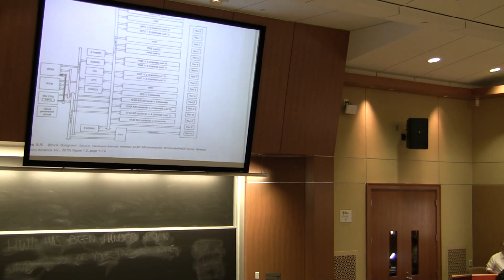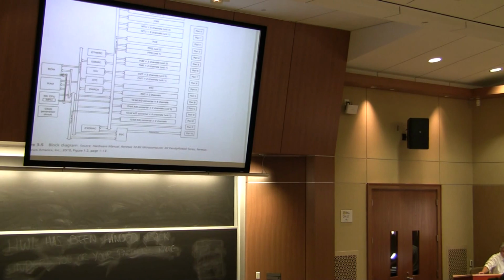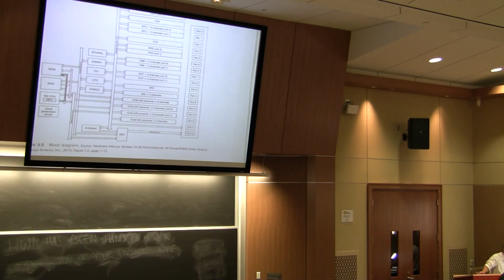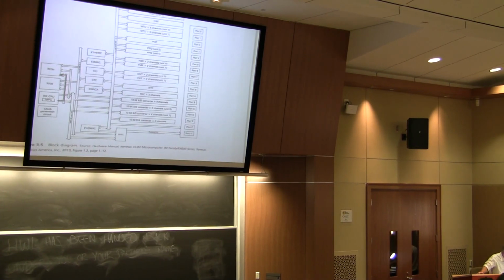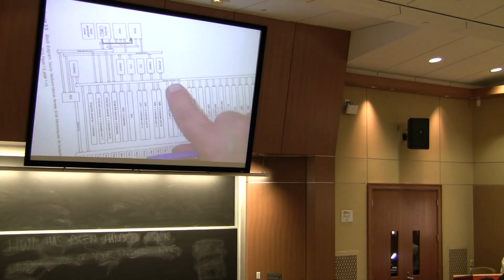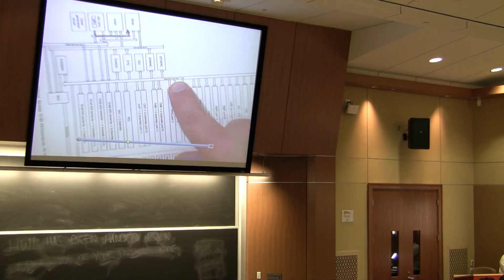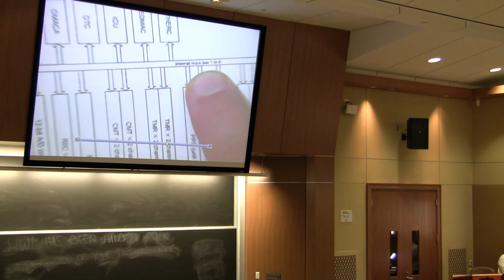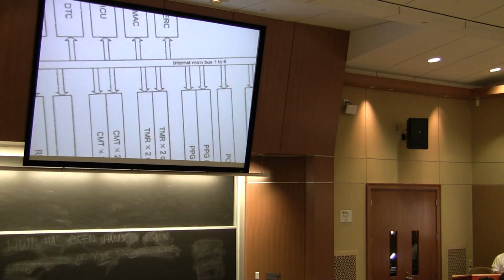Now, are we going to dig into great detail about the computer architecture of this device? The answer is no. You just need to be aware that this stuff exists and how you would actually use it. And in fact, if you look really carefully, there's this little thing here that says internal main bus 1 to 6, which implies that there's like 6 buses inside here.